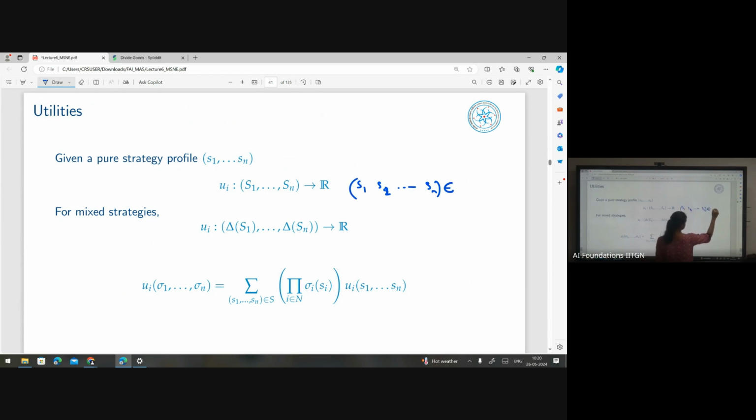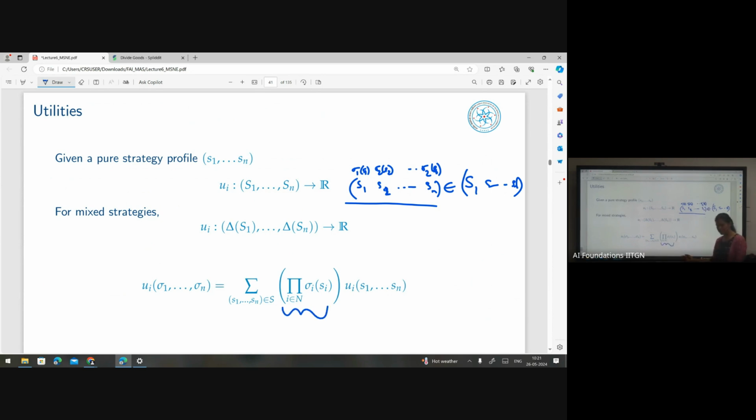What is the probability of this strategy profile happening, given that agent 1 is playing s1 with sigma s1, agent 2 is playing s2 with sigma s2? The product will tell you the probability of this outcome. So the probability with which this outcome will happen is sigma 1 times sigma 2 times up to sigma n. So that's what I have put here.